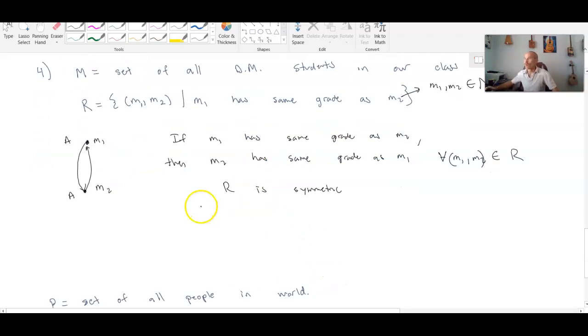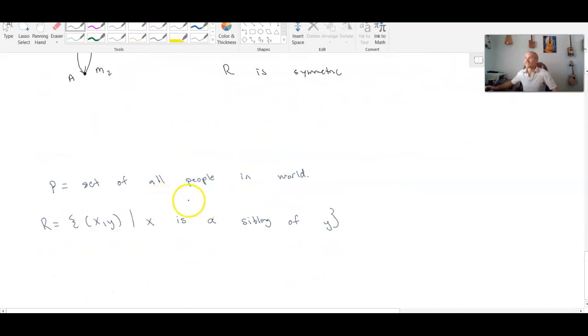All right, one more. P is a set of all people in the world. We're going to define two people to be related in the real, related sense if X is a sibling of Y. So let's just say again, let's try to establish this. If X is an element in this set and X is a sibling of Y, okay, so that means that X and Y are going to be siblings. So we're considering all people in the world.